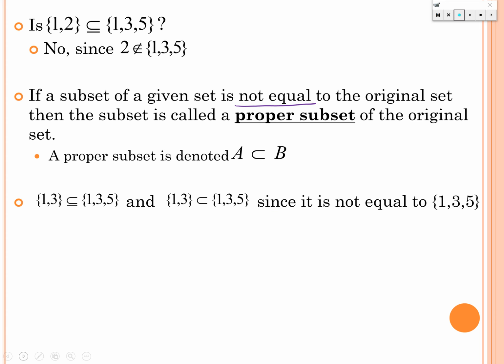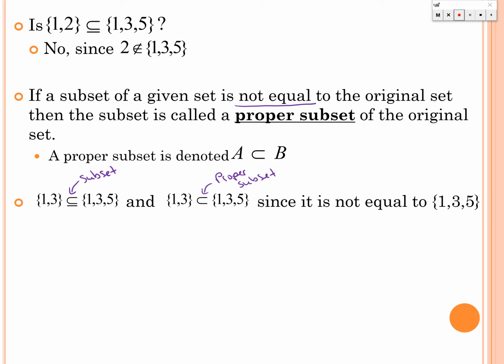So we would have the set 1, 3 is a subset of 1, 3, 5. And it would also be proper since it's not the set itself.